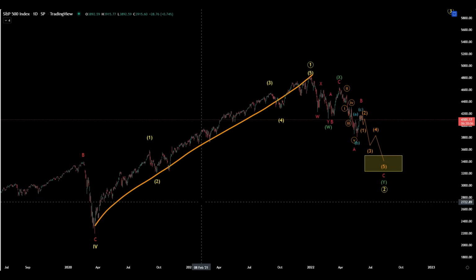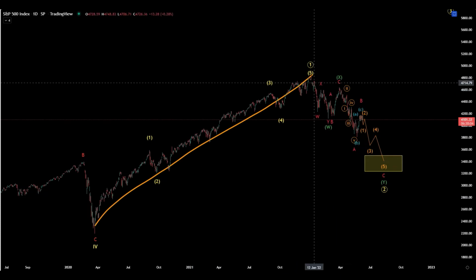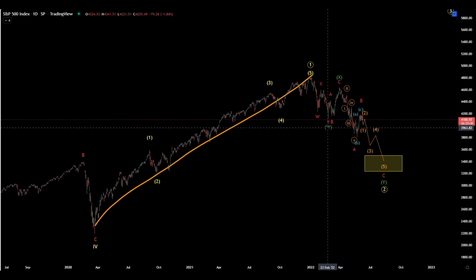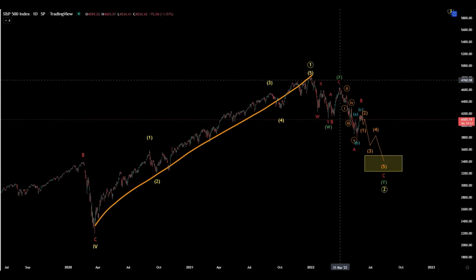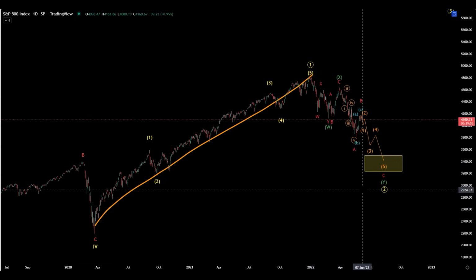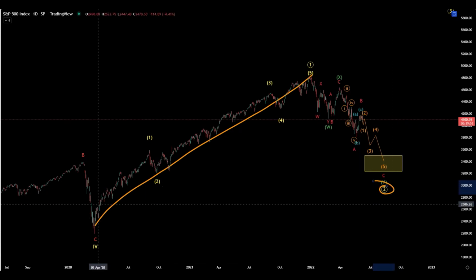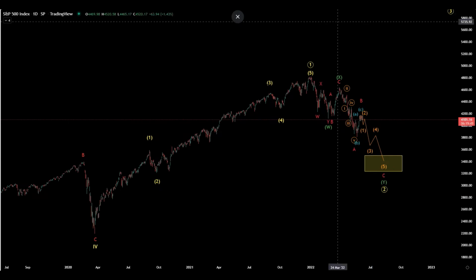Time's really going to tell on that one. But right now, the best I can make of this first initial drop is a 3-wave move. Again, it's just combining, which probability-wise means we're just putting in a 2. That's all.